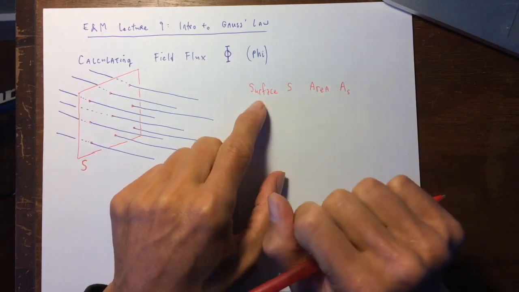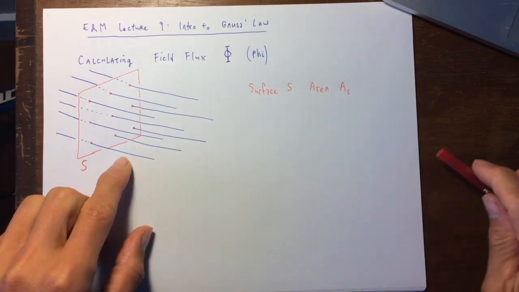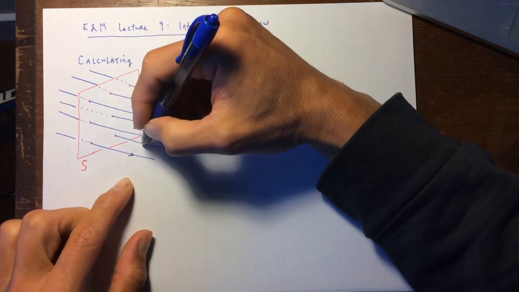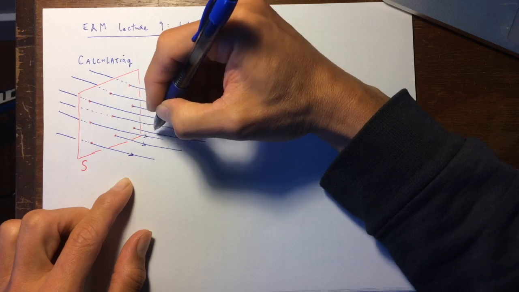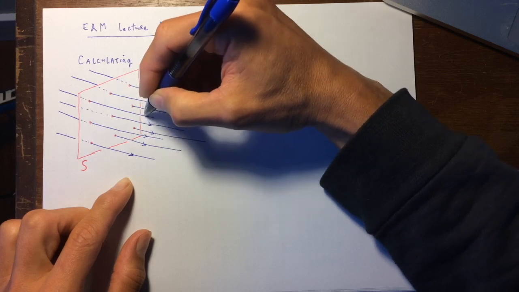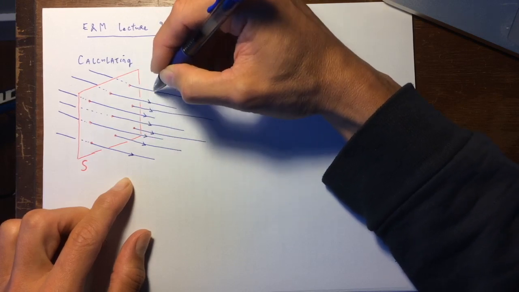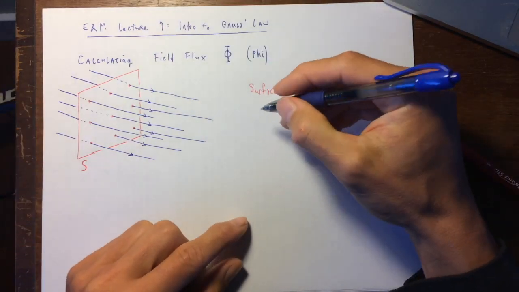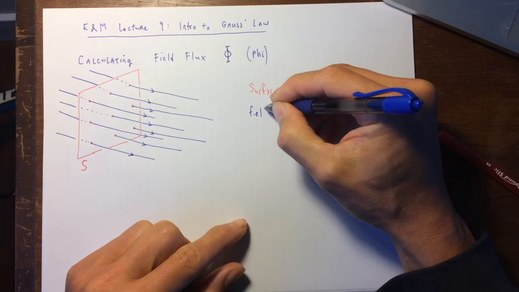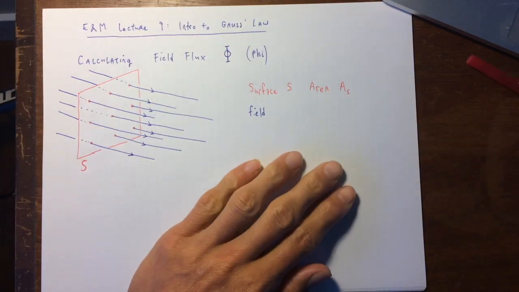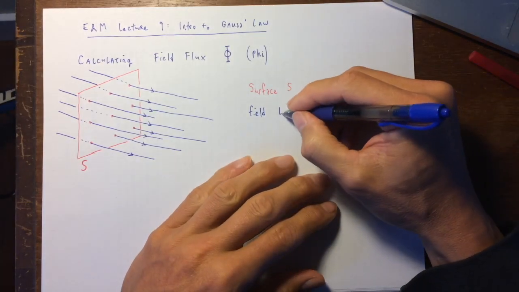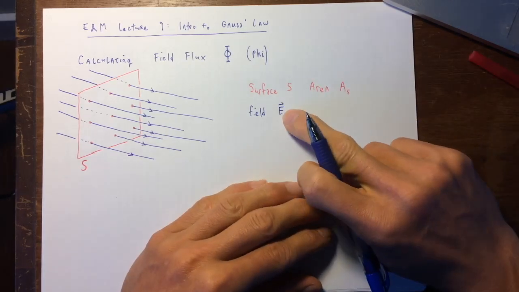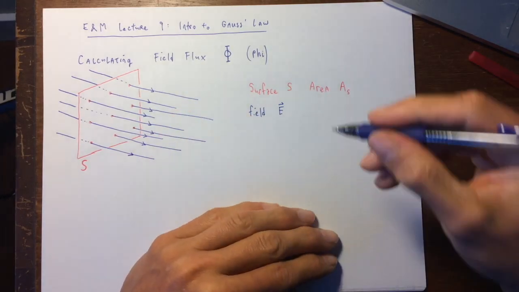This is details about the surface. And then here is the field, and field lines typically get drawn with little arrows depicting the flow. Because we're going to talk about electric field flux, we'll say that the field is E, that's the name that symbolizes this field.